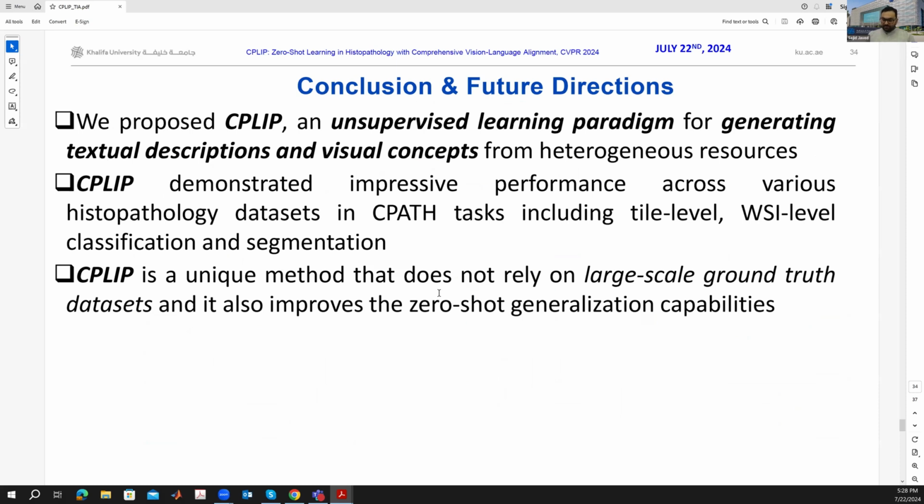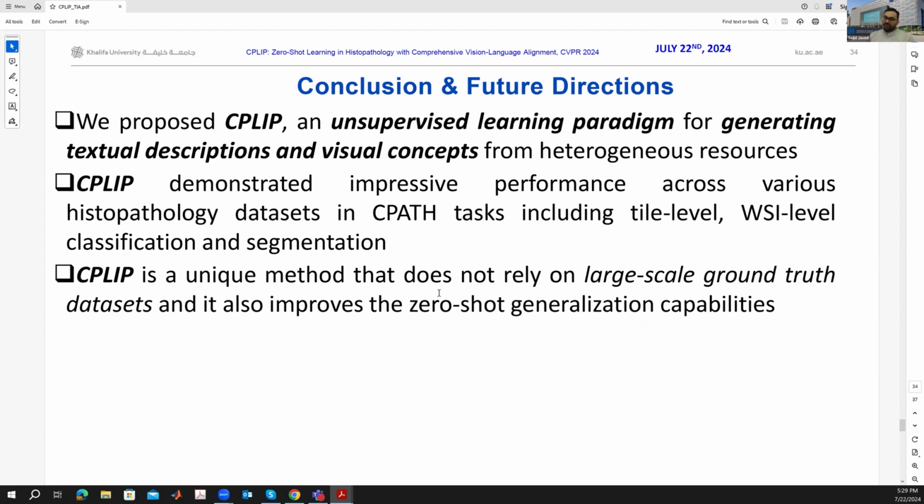So in conclusion, we propose CPLIP, which is an unsupervised learning paradigm for generating textual description and visual concept. And this is our first attempt in the computational pathology task. We gathered the data from different or heterogeneous sources. CPLIP demonstrated impressive performance improvement across various data sets and across various computational pathology applications.